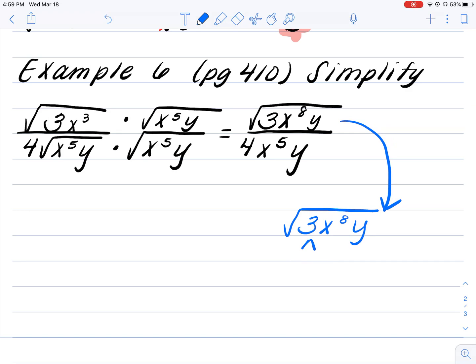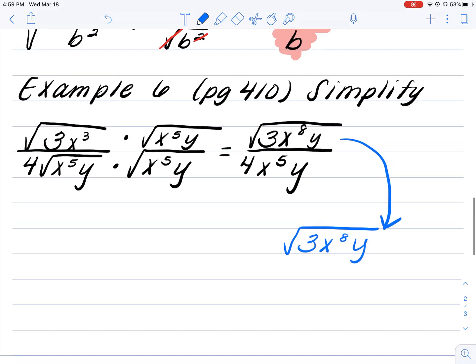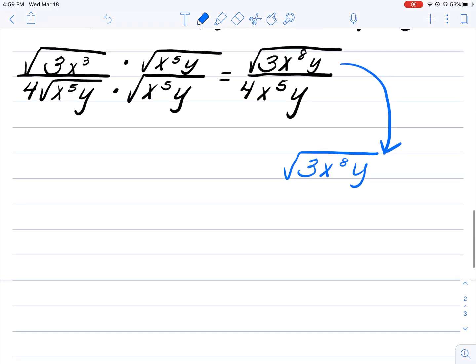However, I can definitely break down that x to the eighth. It basically means x times x times x times x times x times x times x times x, 8 x's.